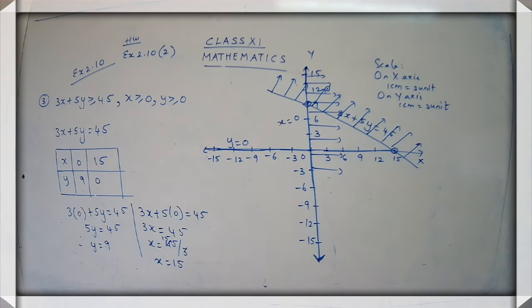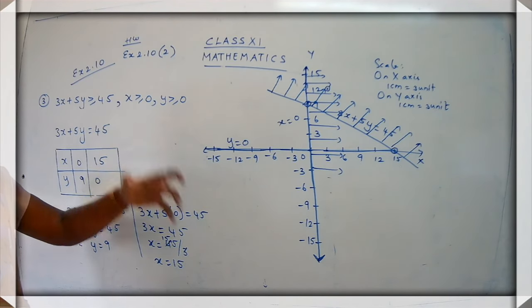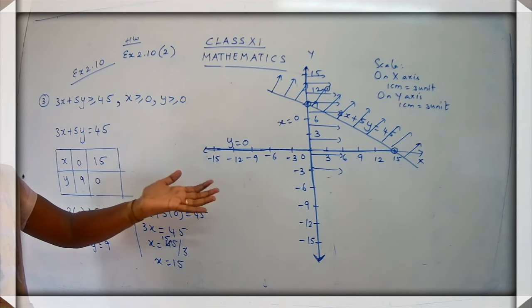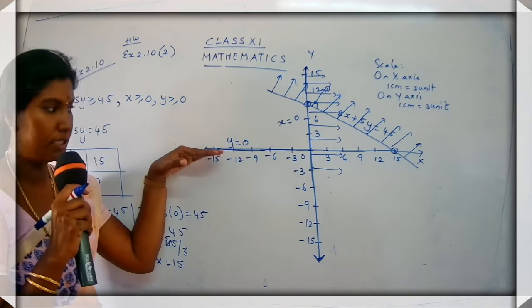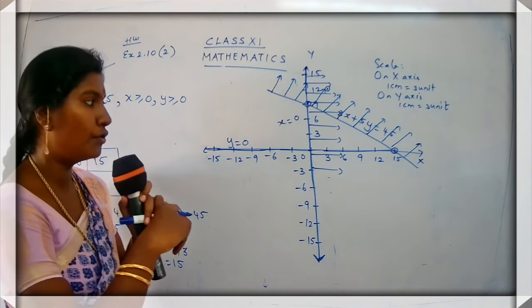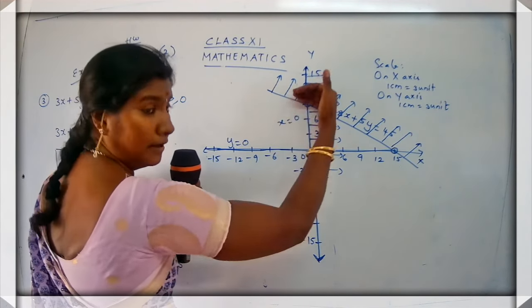Okay, now just see the area. Now what is the condition given? Y is greater than or equal to 0. That means you are going to focus on the positive side. Greater than or equal to 0 means you want a positive number. So this is the line for y is equal to 0, and which side are you going to focus on? The positive side. Where is the positive side? The upper part. See here?